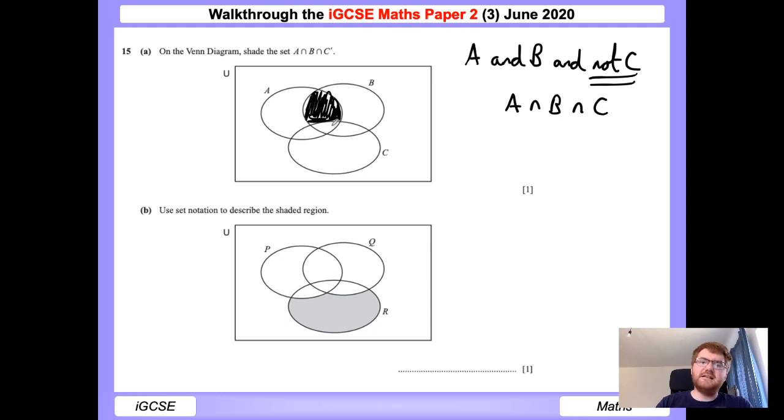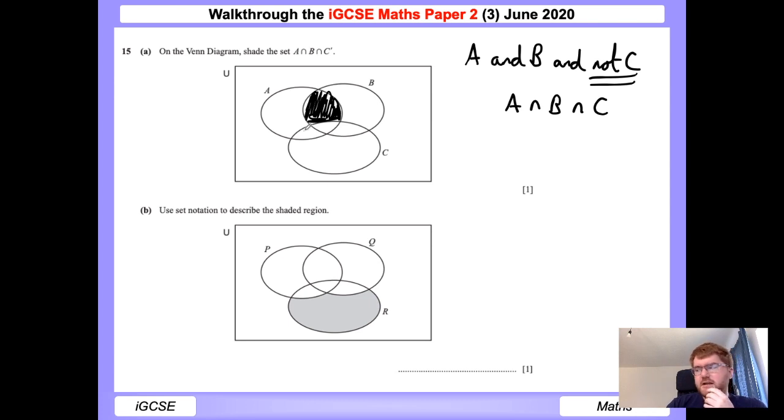And what we realized is we can't keep this part because it's in C, but this part here is not in C, and it's still in A and B as well. Okay, so that's for 1 mark, and it's quite mean to give you a complicated question like this for just 1 mark.